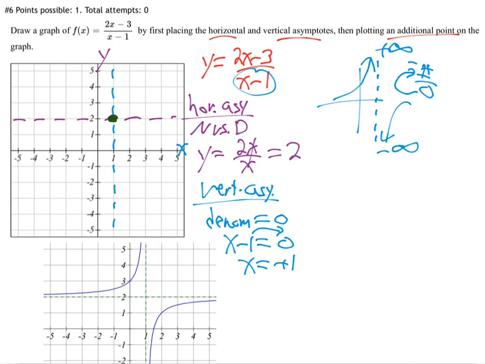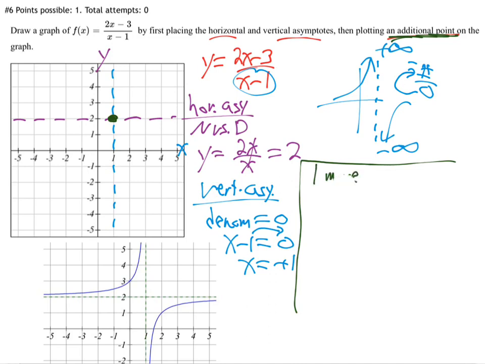Okay, and then after you click there, it'll put the two asymptote lines, the center of the crosshairs right there, and then as you move your mouse off of that point, it'll start to make two branches of the function. And you just need to click one more dot. That's what they mean by an additional point. So we just need to find one more point. So let's come down here and find one more point.